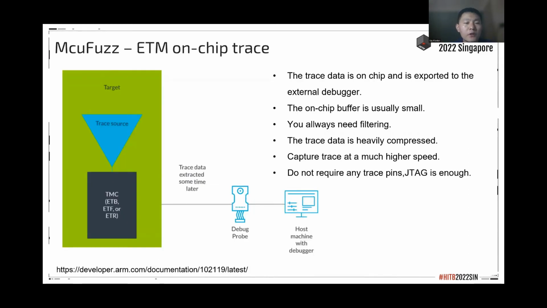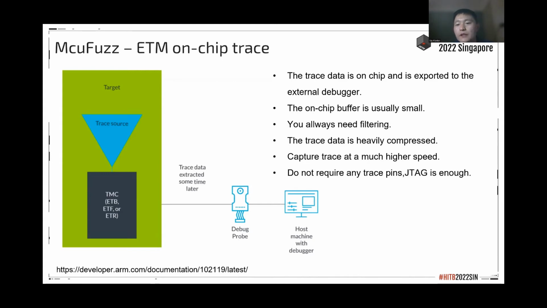The ETM supports on-chip and off-chip trace modes. Different modes are suitable for different scenarios. In on-chip mode, trace data is temporarily stored in a buffer inside the chip, and the external debugger reads the data in non-real time. Usually, the internal buffer space is really small.